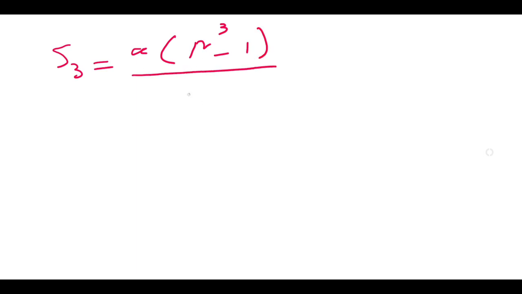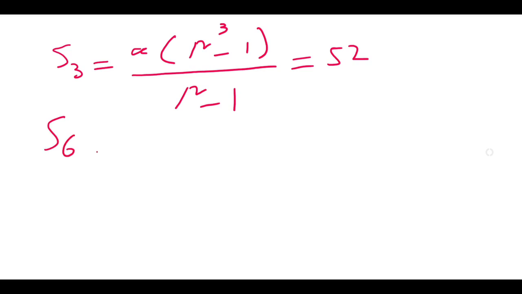The first is S3 equal to a(r^3 - 1) over (r - 1), equal to 52.